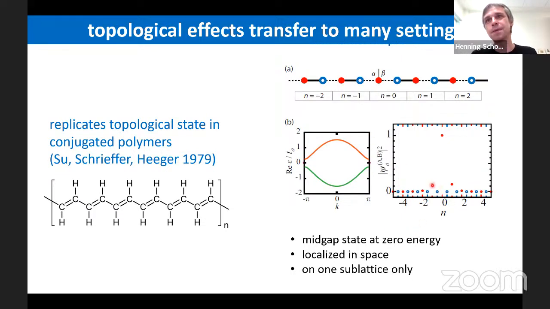And what is also important is that they're only sitting on one of the two types of atoms. I said they're all chemically identical in the sense of looking at the individual atom, but if you want to write down this unit cell, you can distinguish red and blue dots. The red dots have the strong bond pointing to the right, the blue dots into the other direction. So just geometrically, they are distinct.